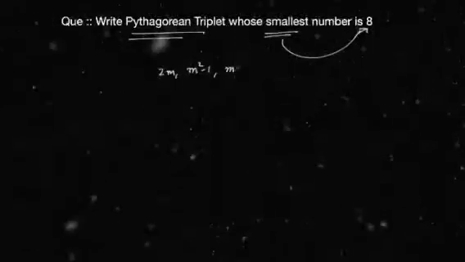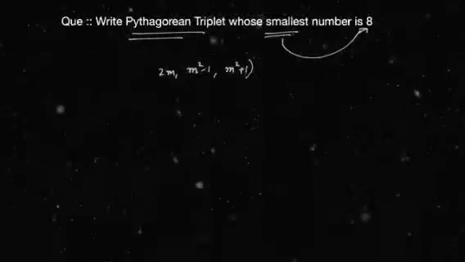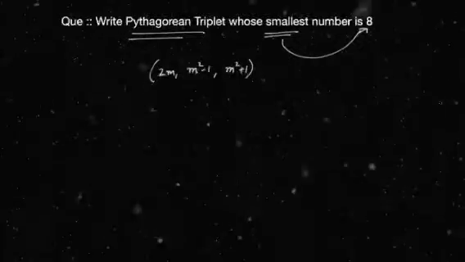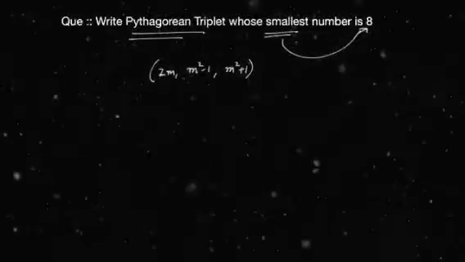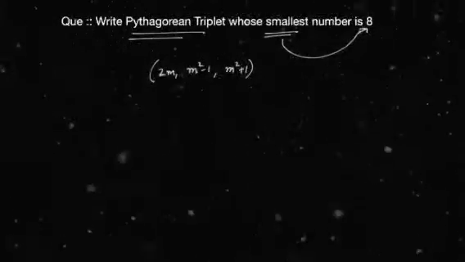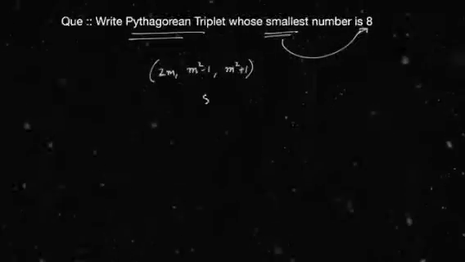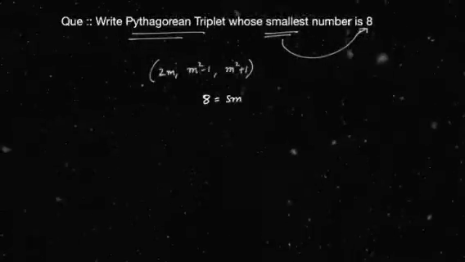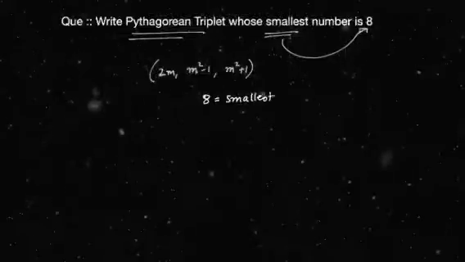Now, the three Pythagorean triplet numbers are in the form of 2m, m square minus 1 and m square plus 1, as we already learned. According to the question, it is given that 8 is the smallest number.